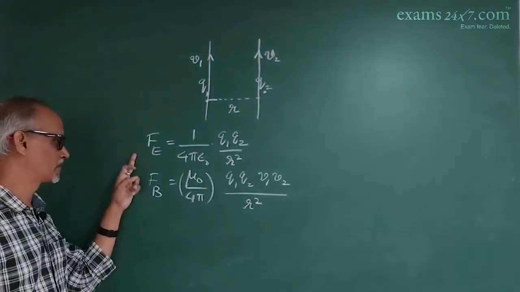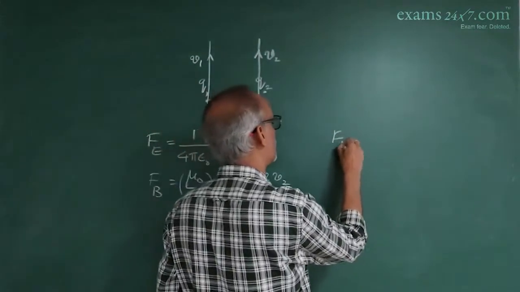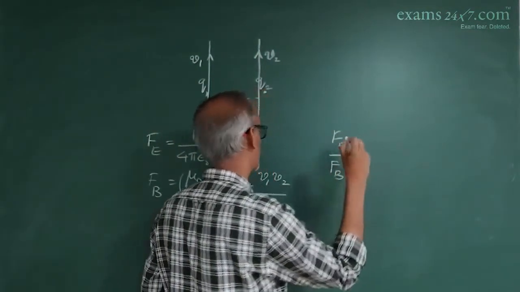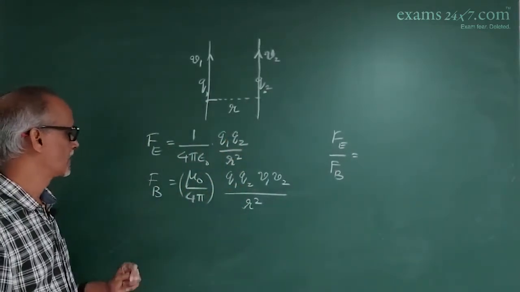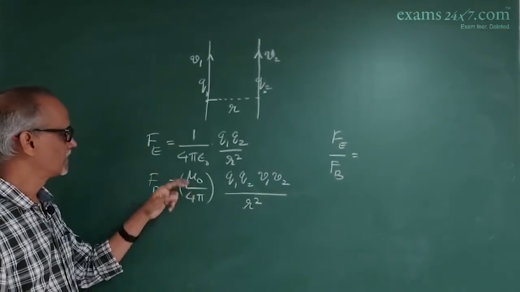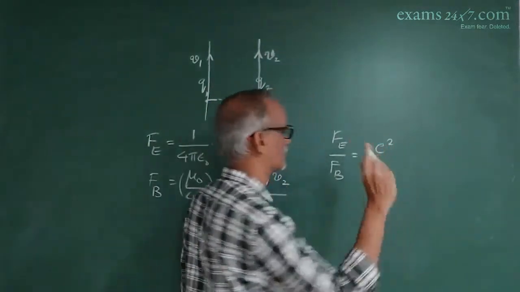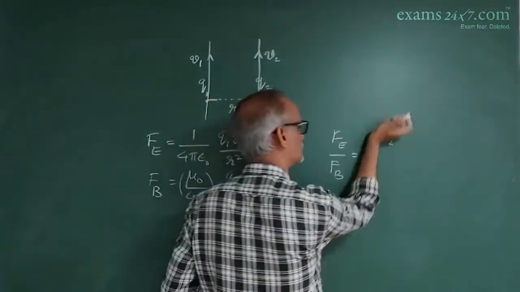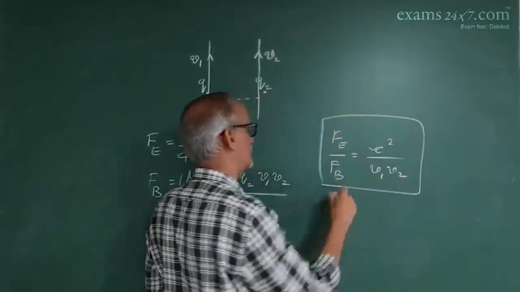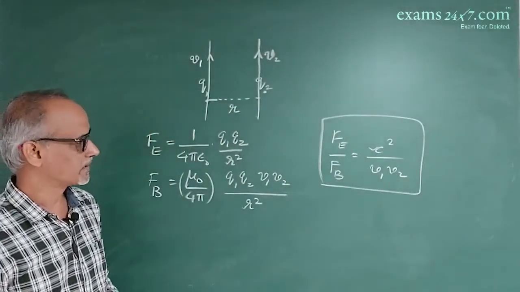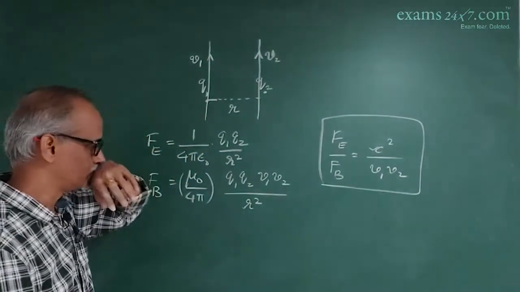So this is the electrostatic force, this is the magnetic force, and if you calculate the ratio Fe by Fb, Q1, Q2 will get cancelled, r square will get cancelled, 4 pi will get cancelled, and you will get 1 by mu naught epsilon naught, which is equal to c square, the speed of light, divided by V1 into V2. So this is the ratio of the electrostatic force and the magnetic force between two charged particles moving parallel to each other.